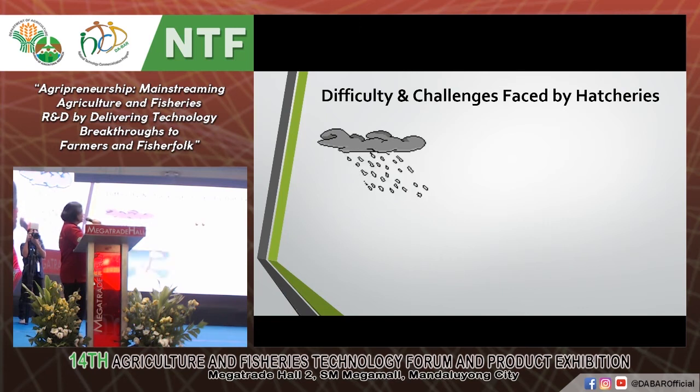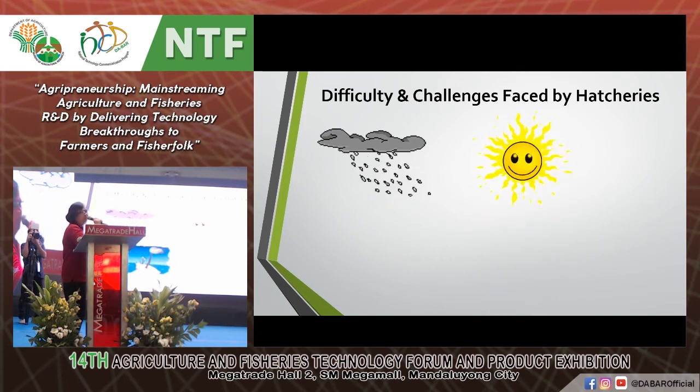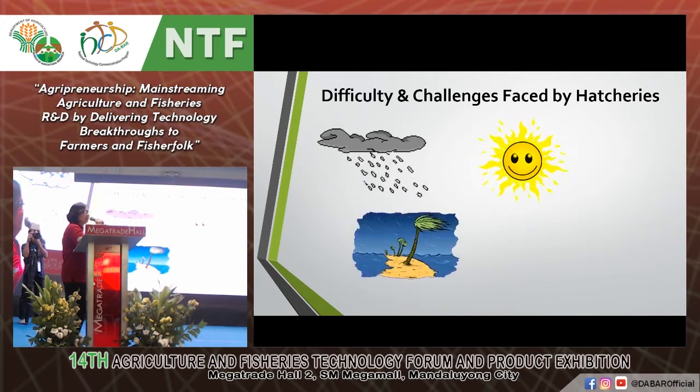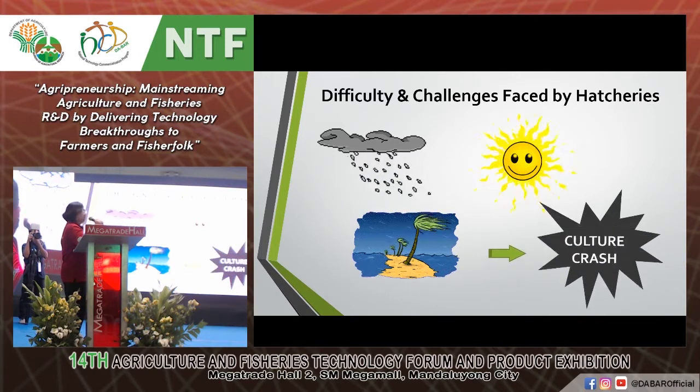Minsan ang lakas ng hangin. So para dun sa mga aquaculturists, nagiging problema po nila yung ganong changing conditions. Because of adverse weather conditions, ano nangyayari sa culture? This leads to culture crash.